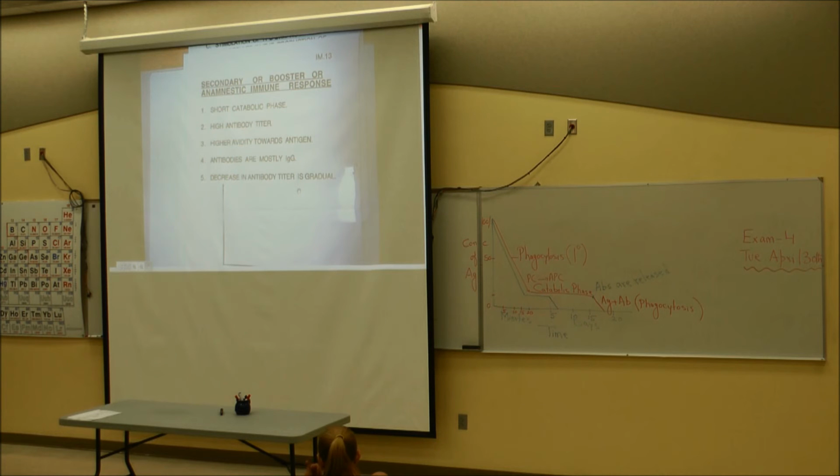I am a strong or an avid fan of Cubs, right? Avid fan, have you heard? Strong fan. Higher avidity, strong bond. Antibodies are mostly IgG, and they last for a long period of time.